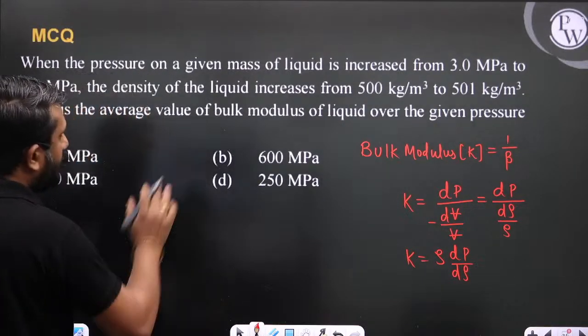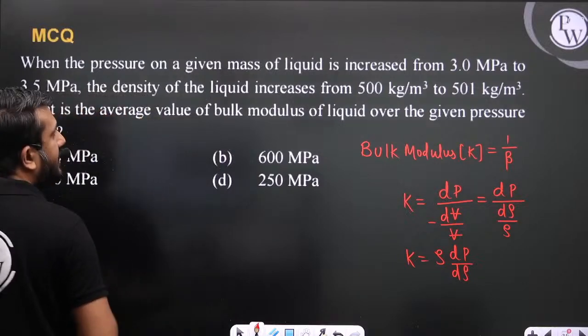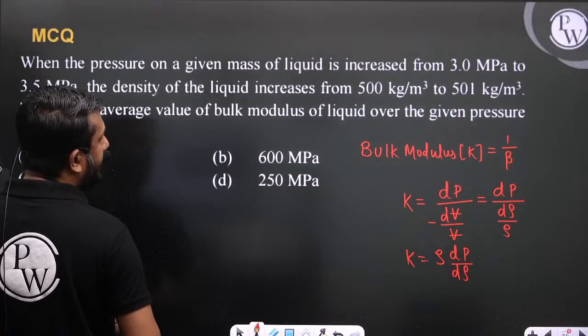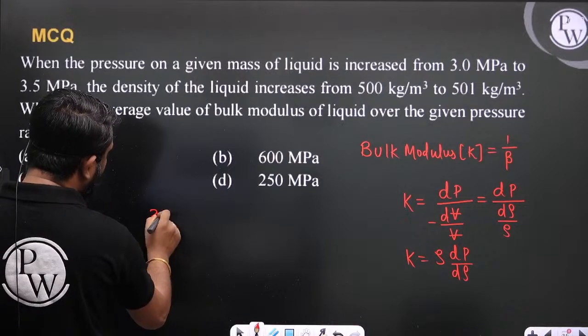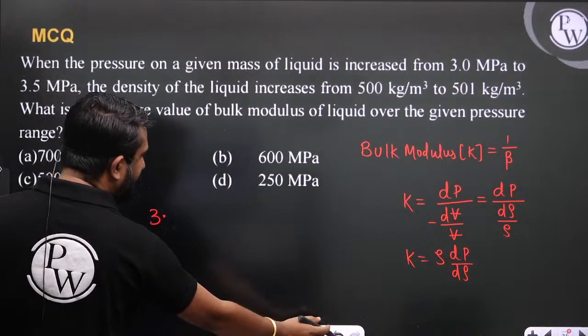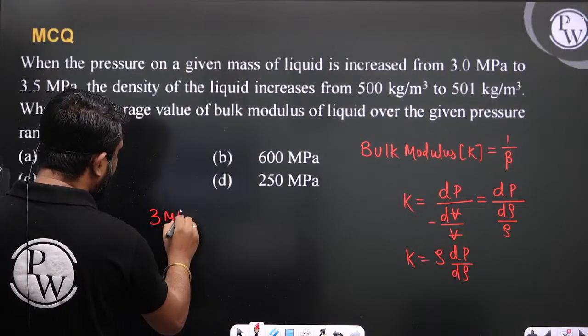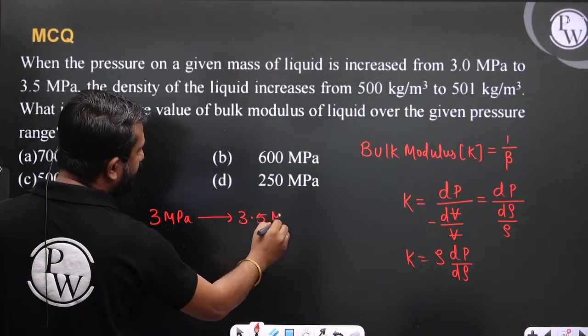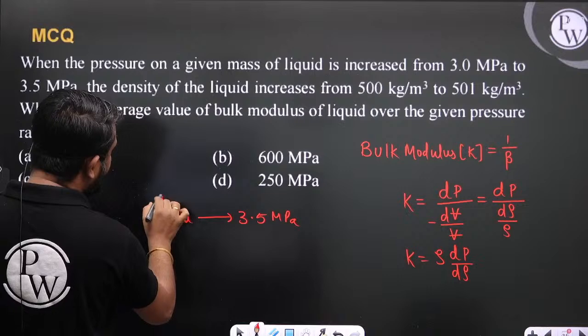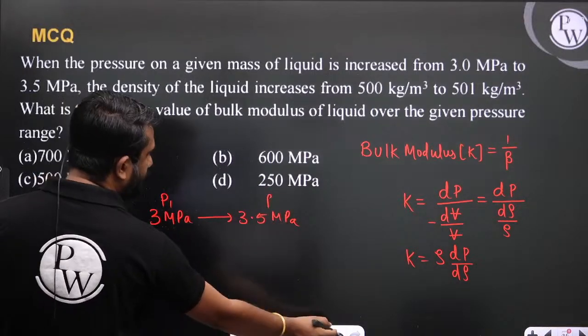Okay, in this question it is given that pressure increased from 3 megapascal to 3.5 megapascal. So let us consider this is P1 and this is P2.